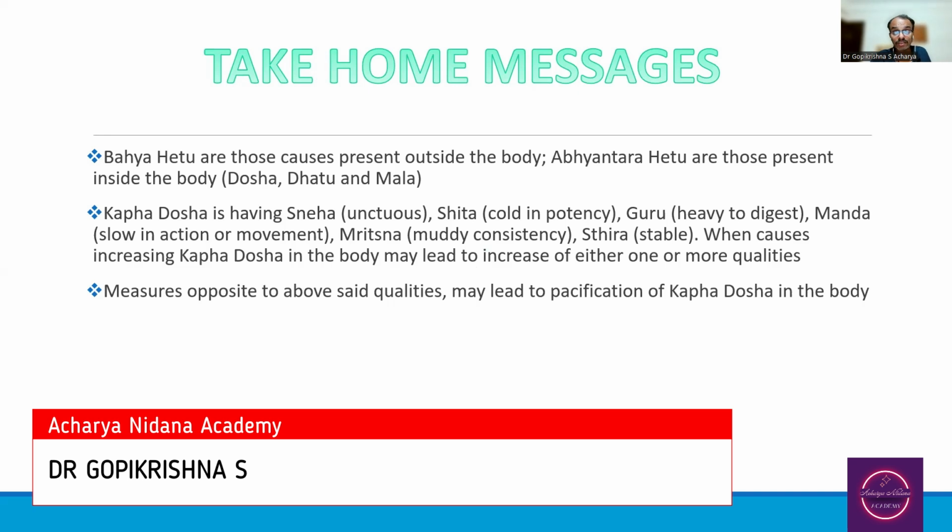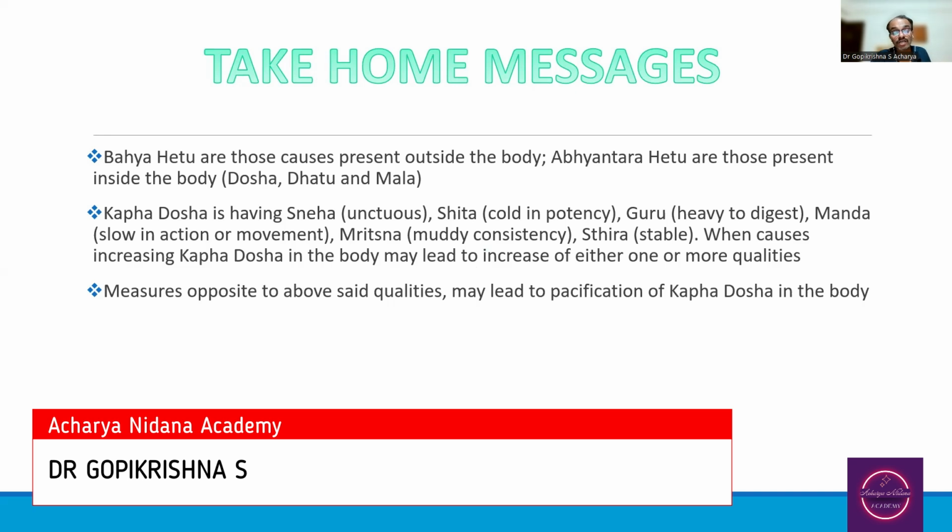Kapha Dosha is having Snigdha Guna, that is unctuousness, Shita Guna, cold in potency, Guru Guna, heavy to digest, Manda, slow in action or movement, Mritsna, having the muddy consistency, Sthira, stable.